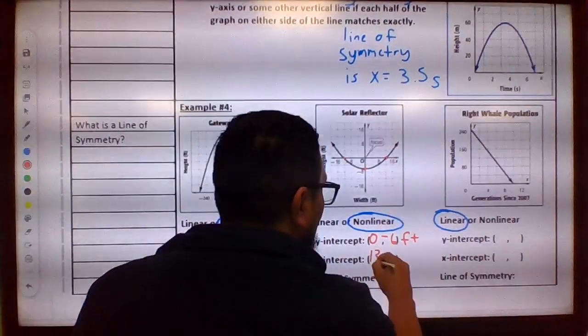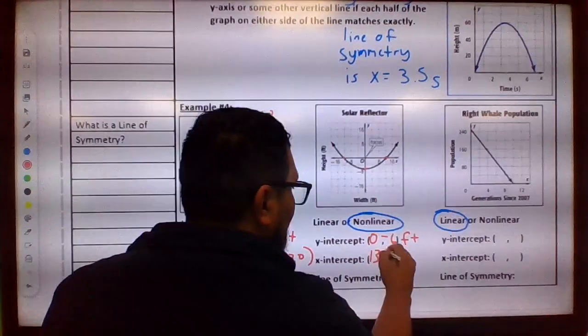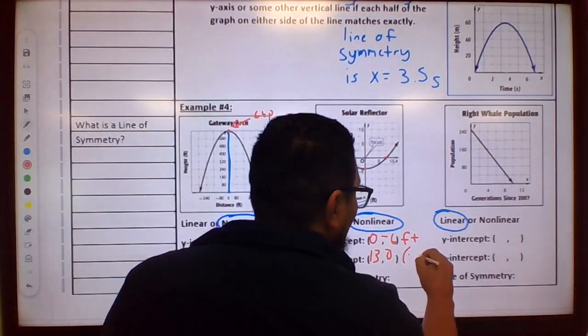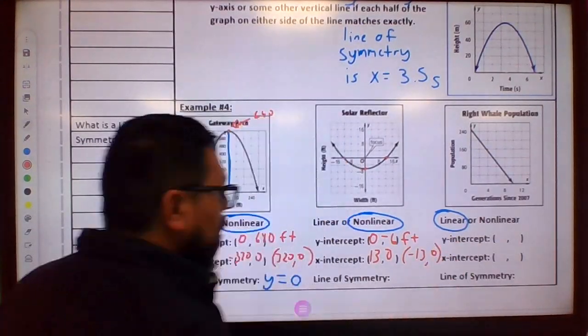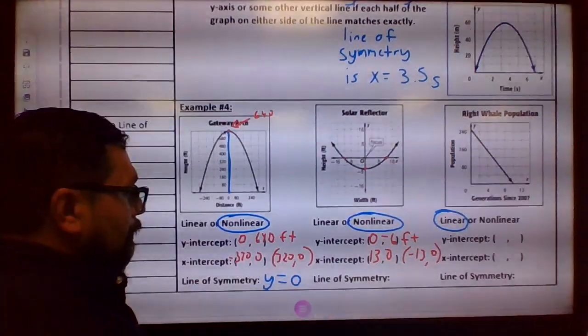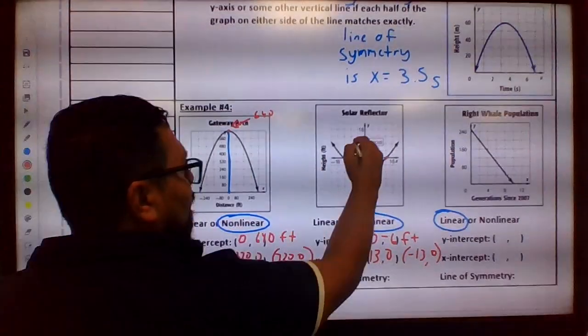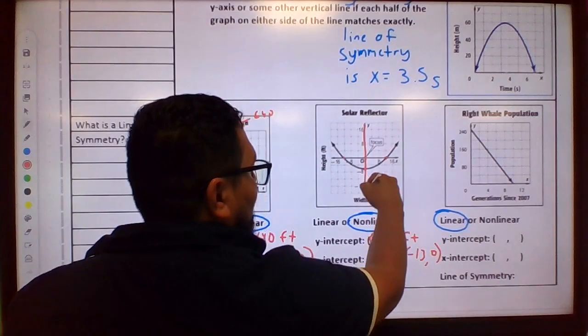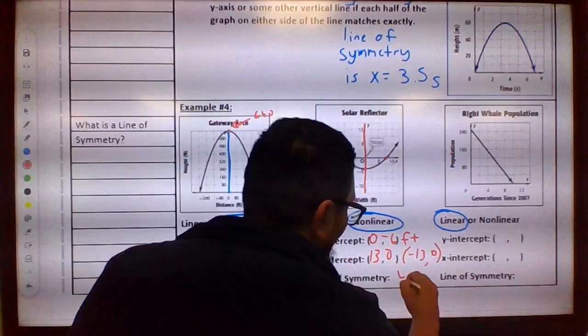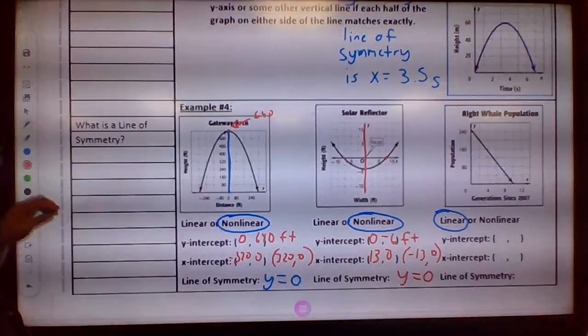So it's at (13, 0), and also on the other side, it looks like it's (negative 13, 0). And then the line of symmetry, again, it looks like it's the y-axis, so y equals 0.